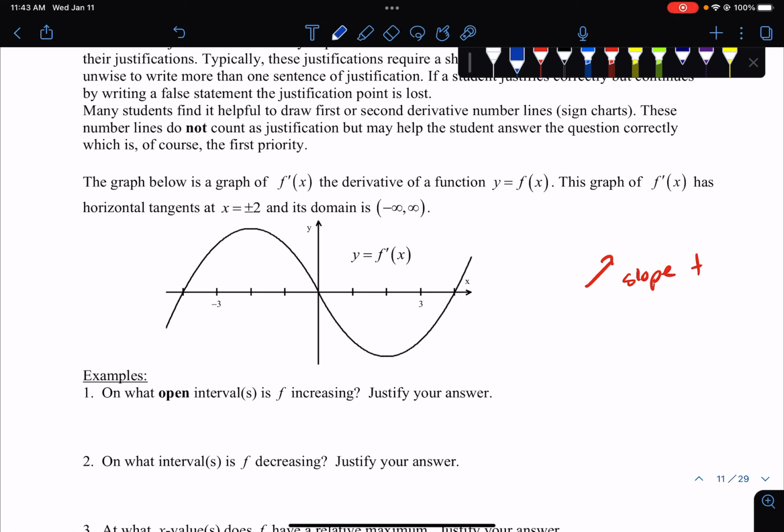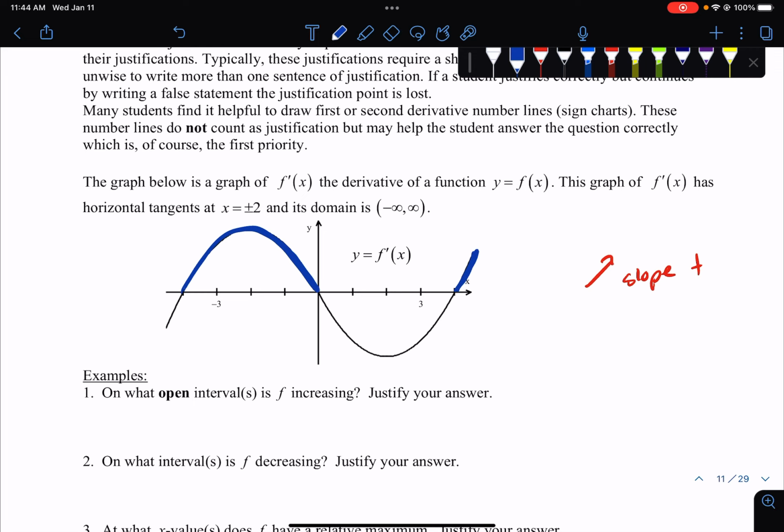And where on this graph does it represent a positive slope of my original graph? And that's not too hard to see. It's everywhere that my y values are above 0. In between these values here, my derivative is above 0, which means that my function has a slope above 0.